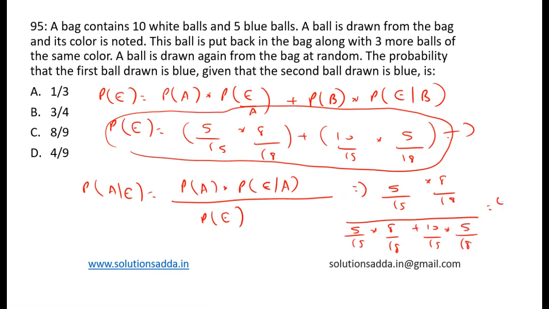Solving this, we will get 40 by 40 plus 50, which is equal to 4 by 9. So based on the options, option D is the correct answer here.